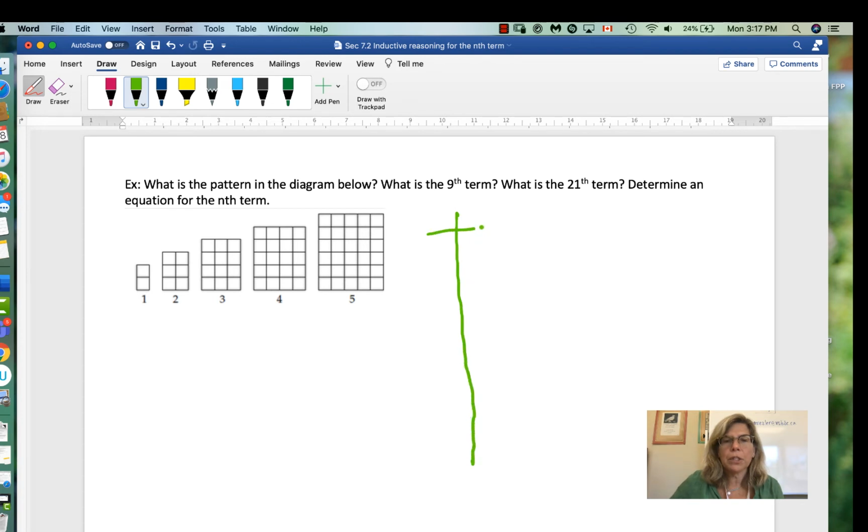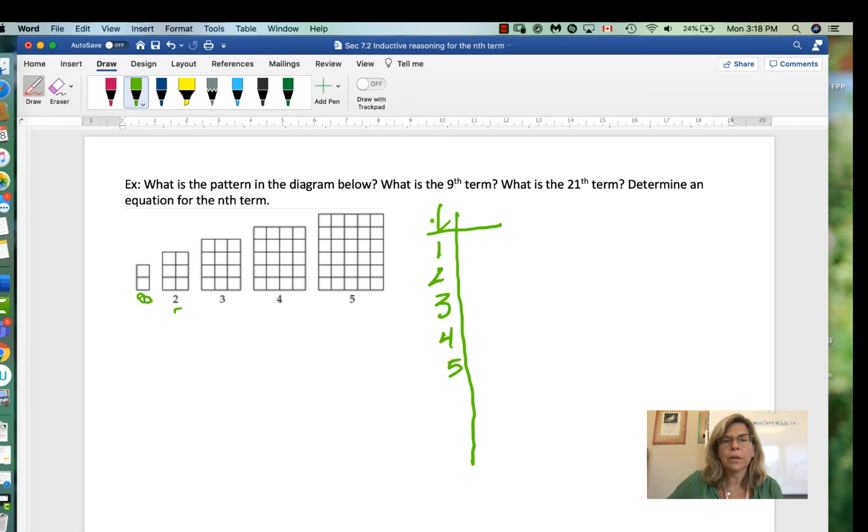But if we just step back for a minute and look and see what we have. So in the first term, it's two blocks. In the second term, there's 2, 4, 6 blocks. In the third term, there's 12 blocks. So it looks similar to another example we've done, but let's just set it up here.